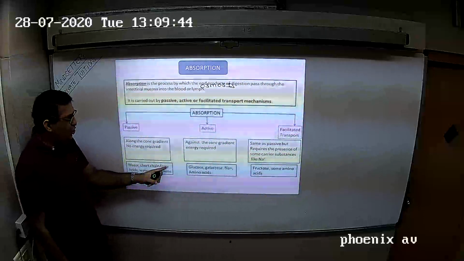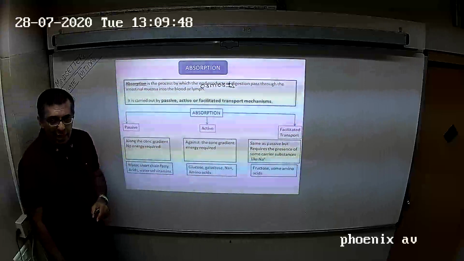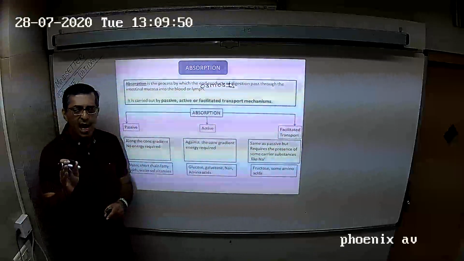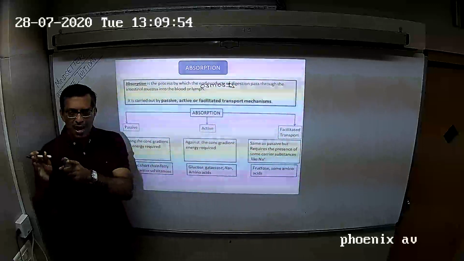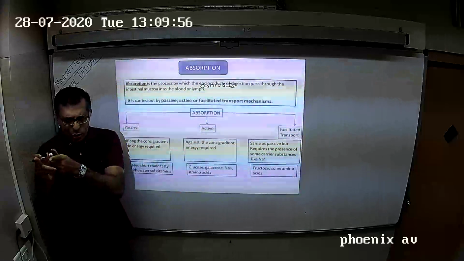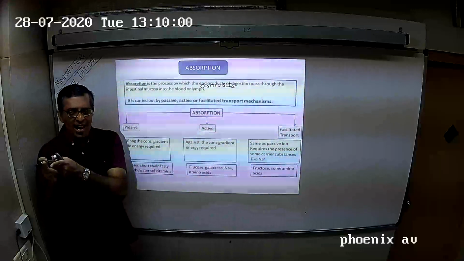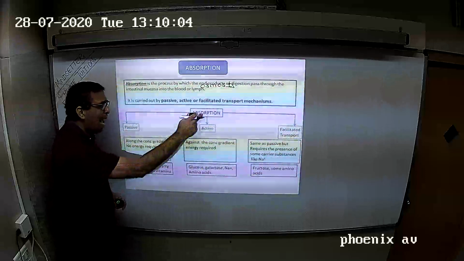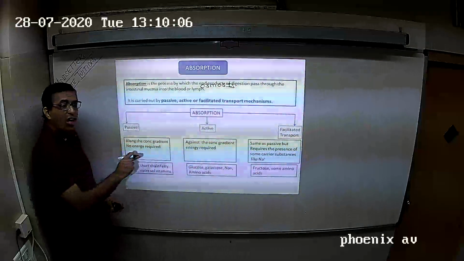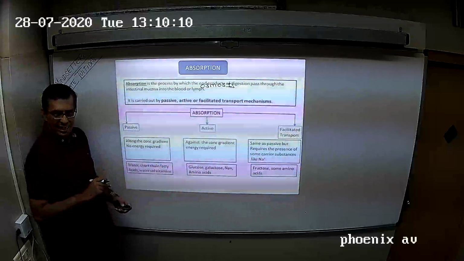And short chain fatty acids. Remember, fats are broken down into fatty acids and glycerol. Among them, the fatty acids of small size, short chain fatty acids, get absorbed by passive absorption or diffusion. So this is called passive absorption.